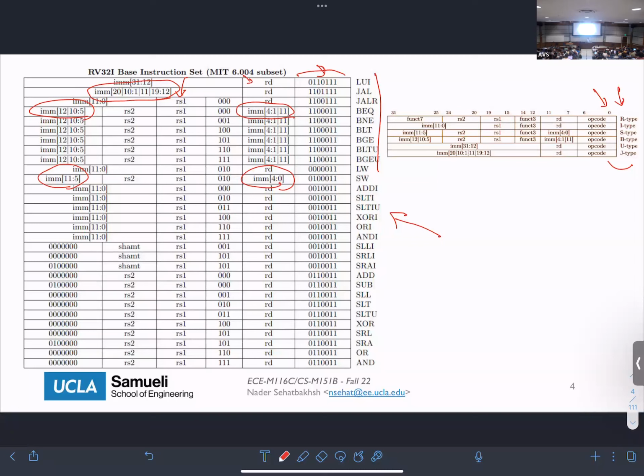The rest I leave to you to go through. Part of the homework was intentionally letting you explore this and figure out different parts. In this lecture and the next lecture, we will talk about the microarchitecture, which is basically how we build the hardware for this table and these instructions. There we will also talk a little more about the differences between these different parts, because when we build the hardware, we need to decode these, so we need to know this better.